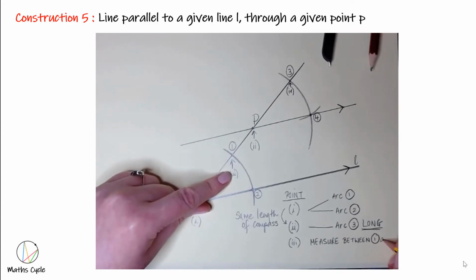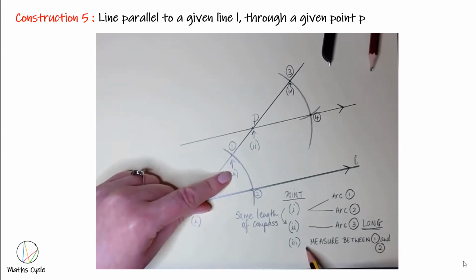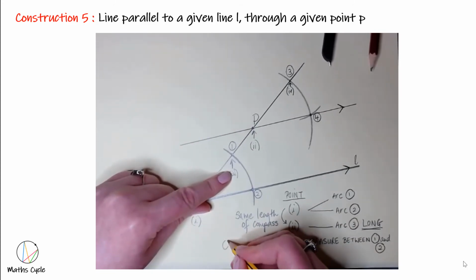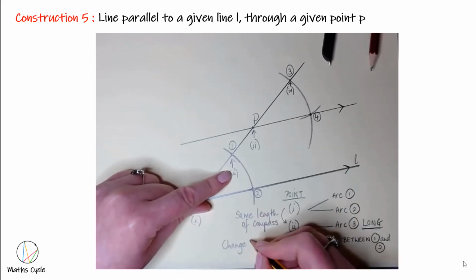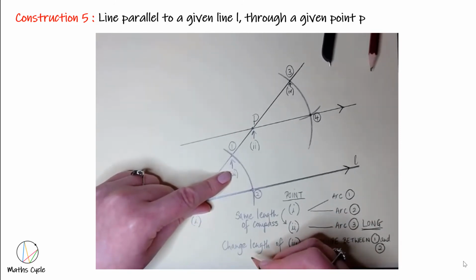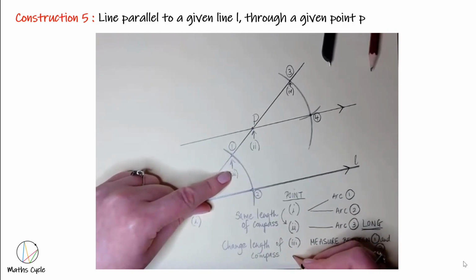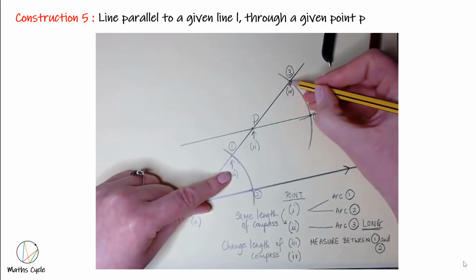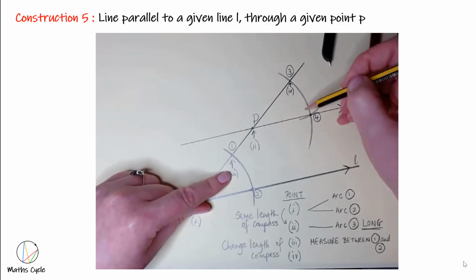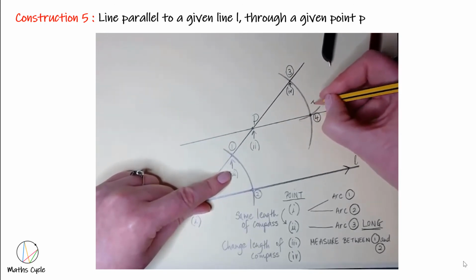So in other words, and I'm going to write here, change length of compass. And then the final one is here. You come back up to this point 3 and you make an arc, and you make this point 4 where these two arcs intersect.